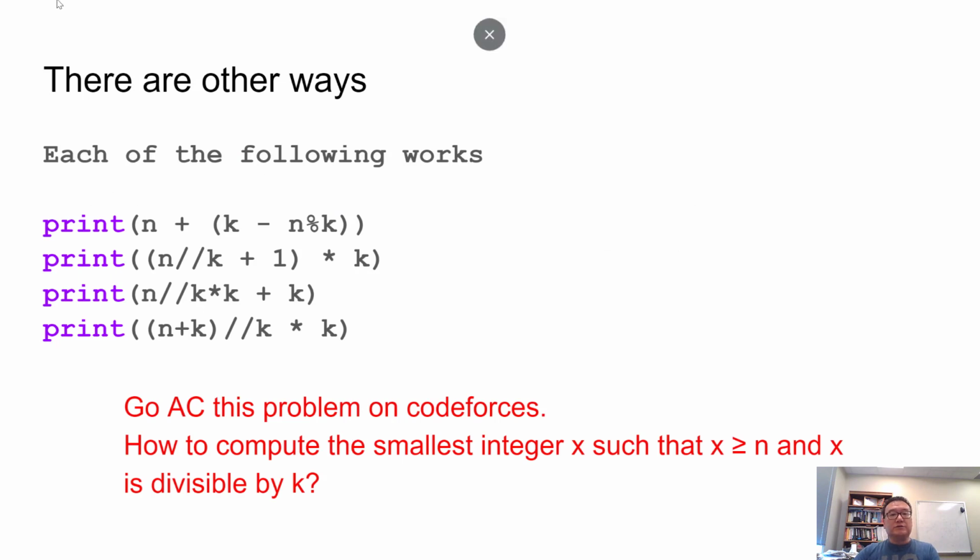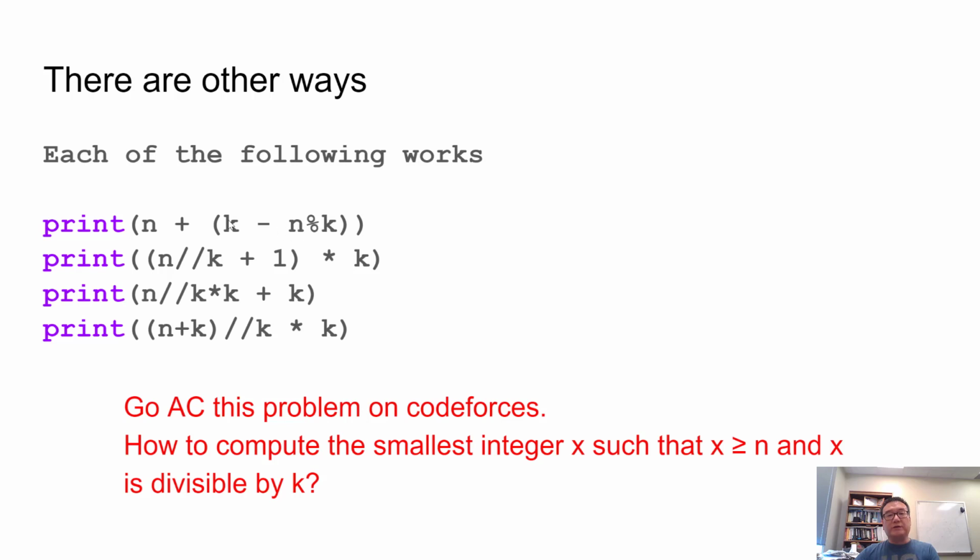And there are other ways to do this. So these slides list a few of these ways. And I encourage you to think about them to see why it works. So the first one is I start with n, then I need to add some number, right? And the number I add will depend on the remainder of n divided by k. So for example, if the remainder is 1, I need to add k minus 1 in order to become a multiple of k, and also bigger than n.